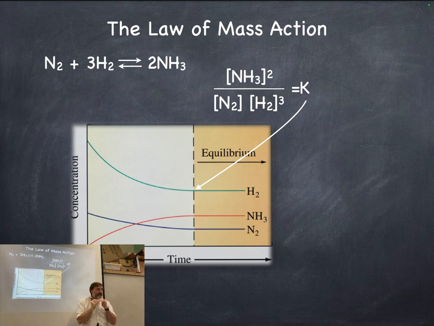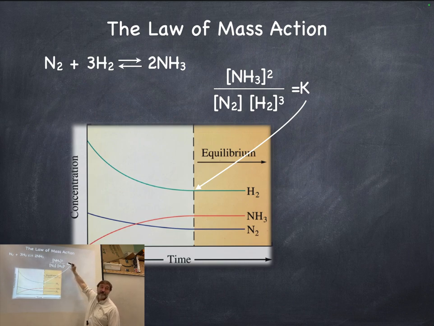Okay, so that's not math that we're typically going to have to do, but it is, in my opinion, a really good way to think about what's happening: that the rates of the forward and reverse reaction are becoming equal. The key thing, and the thing we're going to spend a lot of time using and dealing with, is that for a given chemical reaction at a given temperature, the ratio of products over reactants, everything raised to their coefficient powers, will equal a constant value, known as the equilibrium constant.